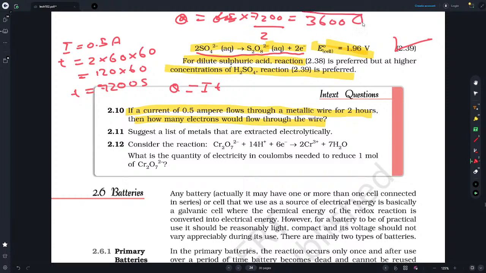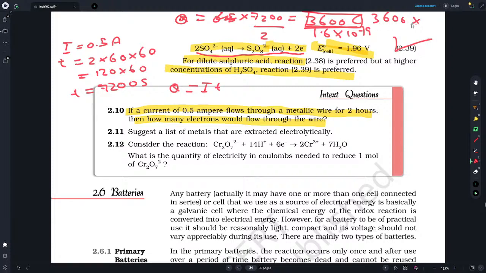This is the total charge, and if you want to find the total number of electrons, divide this charge by the charge of a single electron, 1.6 times 10 power minus 19.